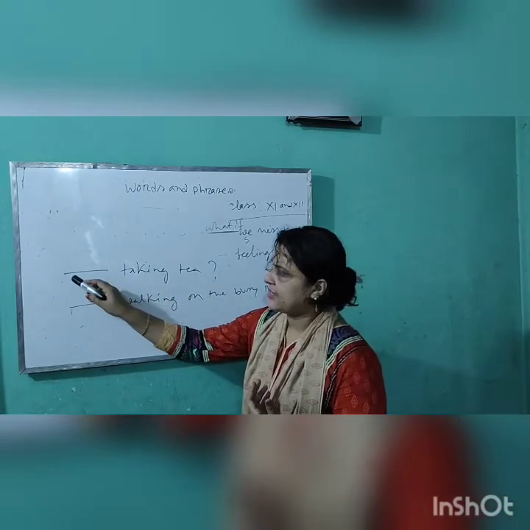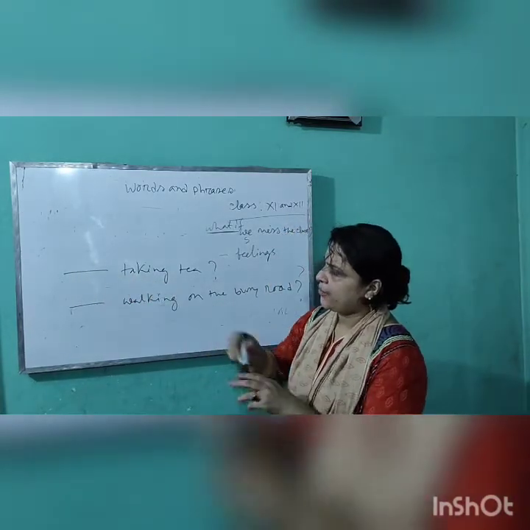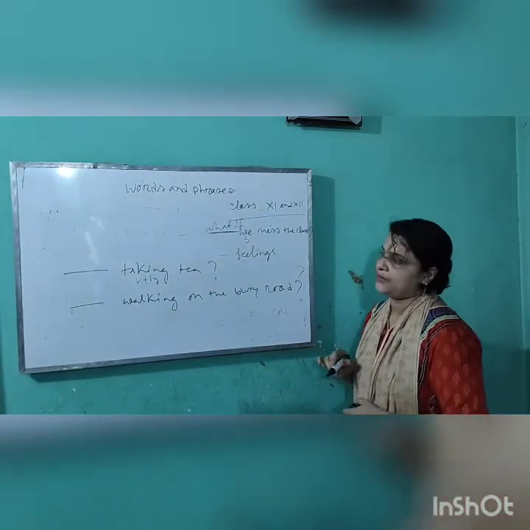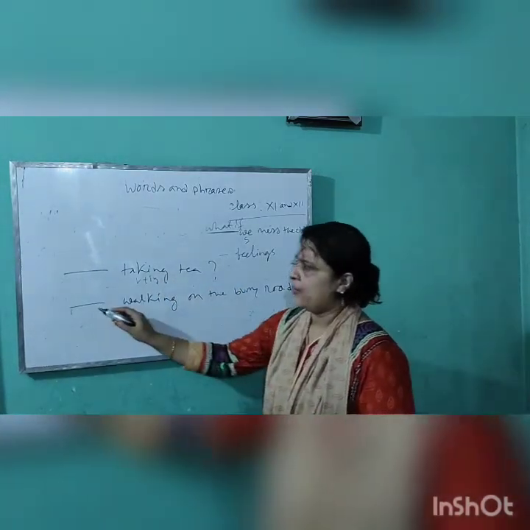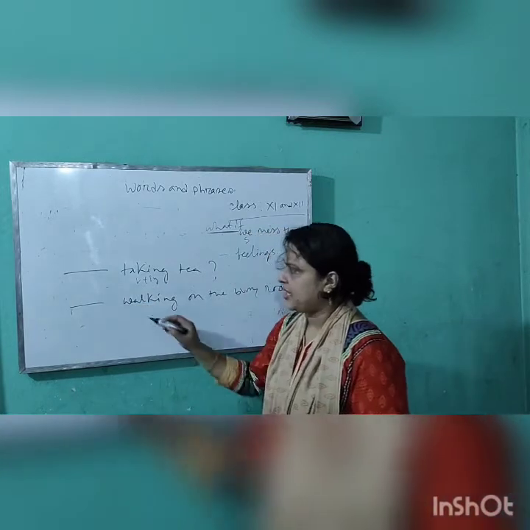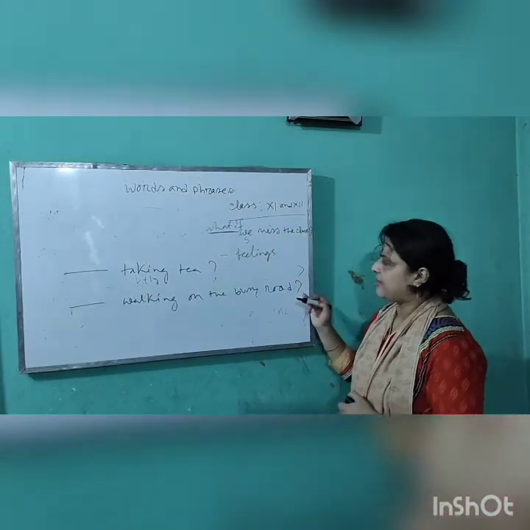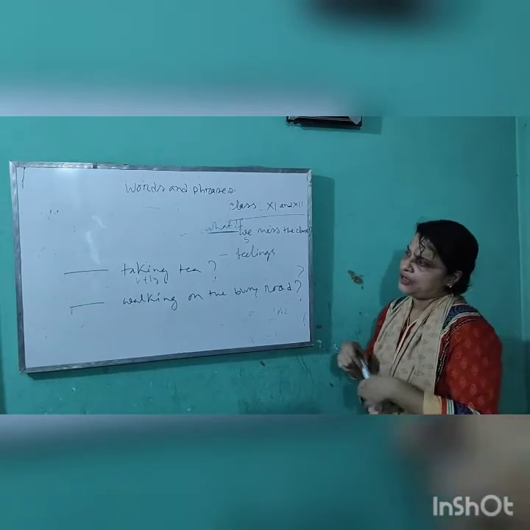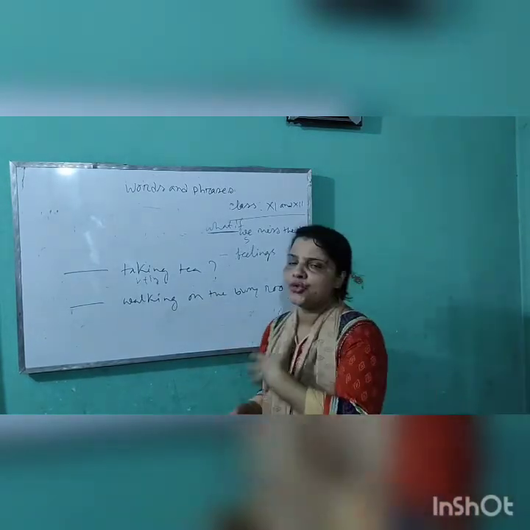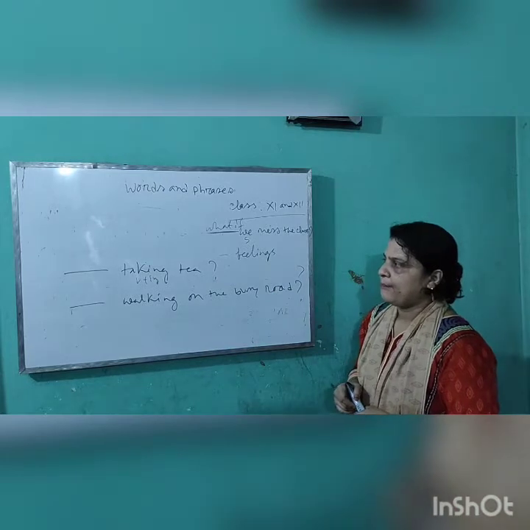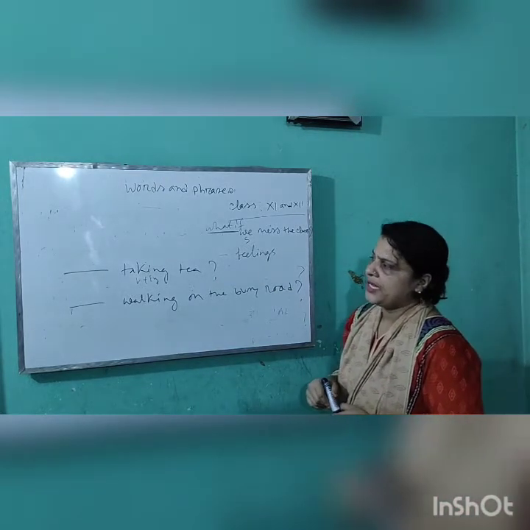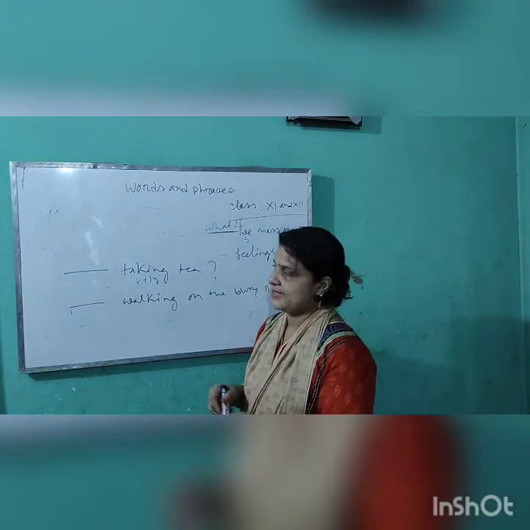In the first sentence, after the blank, we have verb plus ing form, and at the end of the sentence we have a question mark. And in the second sentence we find a blank and verb plus ing, and at the end of the sentence there is a question mark. So in terms of structure or format, these two sentences look alike, but the phrase you must use will not be the same.